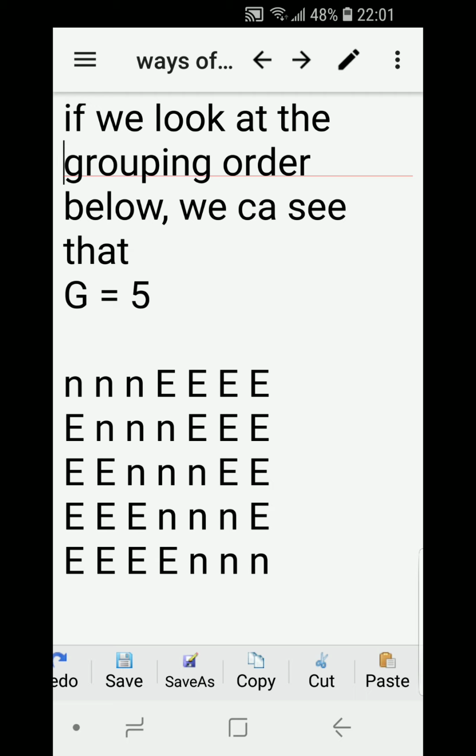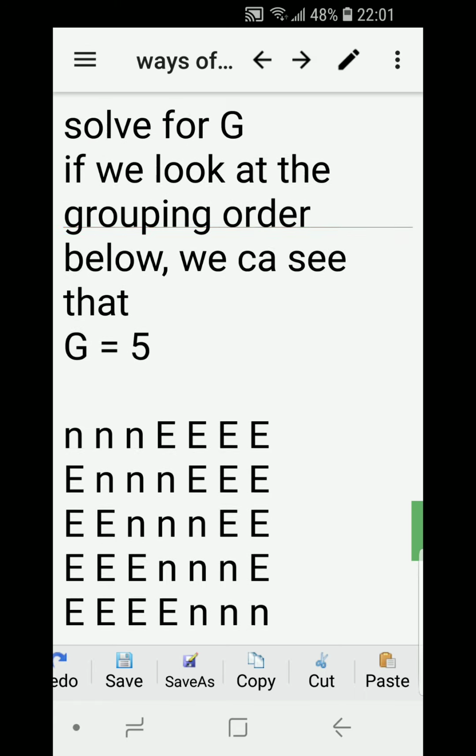The third line, there's 2 engineers on the leftmost, and then the 3 nurses seated together. The fourth line, there's 3 engineers on the leftmost, and the 3 nurses seated together. And on the fifth line, we can see that the nurses are at the rightmost. So there are 5 seating orders here.